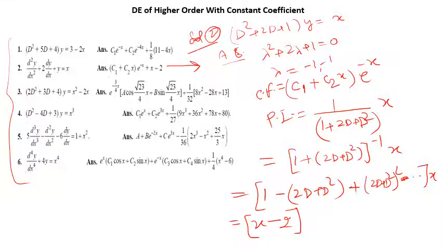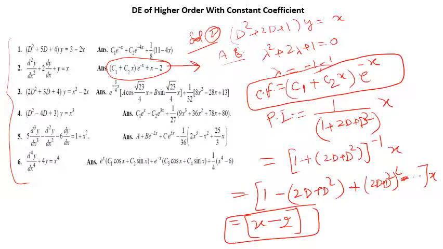The double derivative of x is 0, so we get x minus 2. What is PI? PI is x minus 2. What is CF? CF is this. Now y is equal to CF plus PI. Similarly, you can solve other equations also.